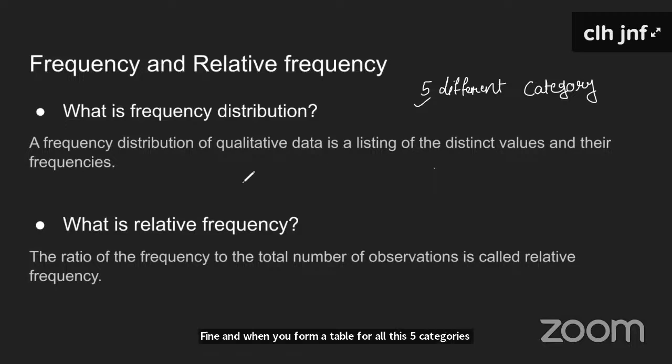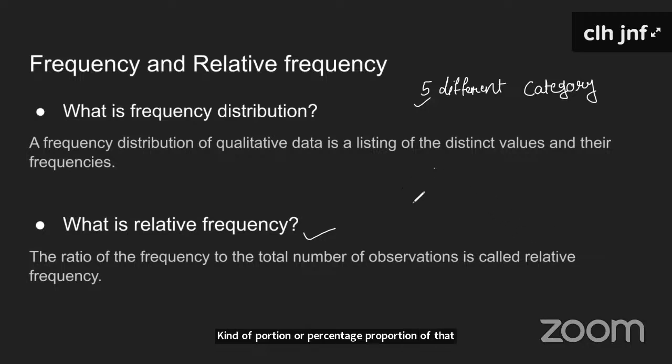Then there is the relative frequency. What is relative frequency? It's the actual frequency of that observation or category divided by the total number of observations. It gives you a portion or percentage proportion of that particular category.